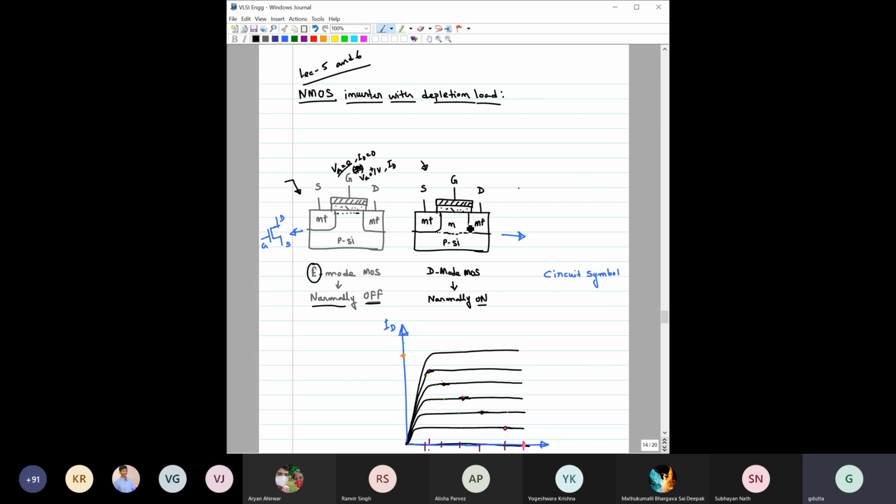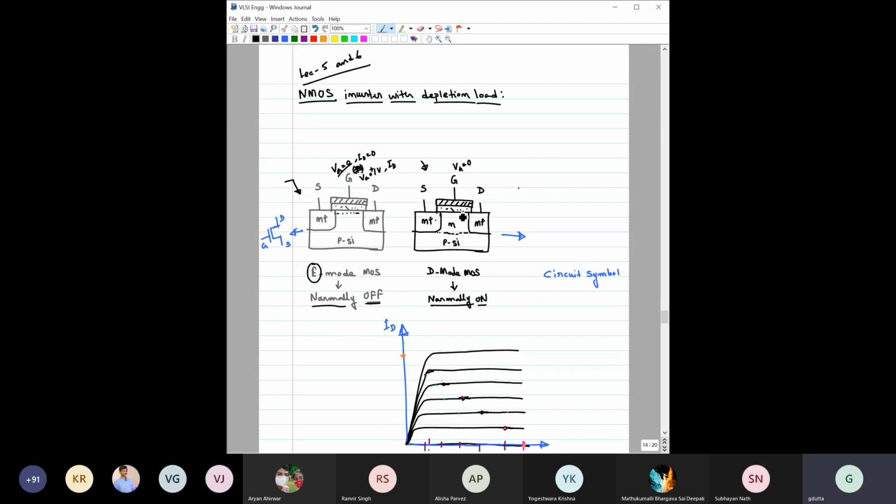So for this transistor, even if you apply gate voltage equal to 0, between the source, which is N plus, and the drain, which is also N plus, you have an N channel. So electrons already exist in this channel. That means at Vg equal to 0, there is a path from source to drain, and current can conduct. So this type of transistor, when no gate voltage is applied, can conduct. It is called normally on, meaning by default it is on. These are called the normally on devices.